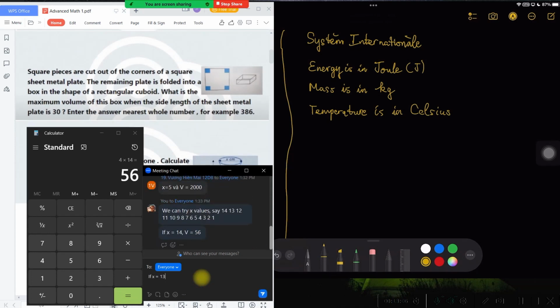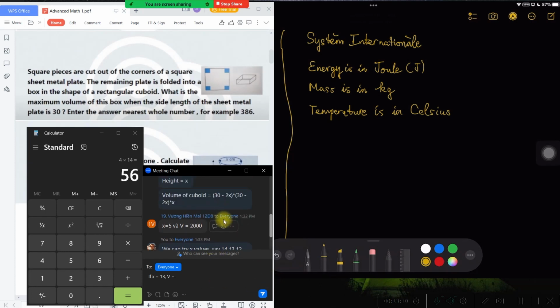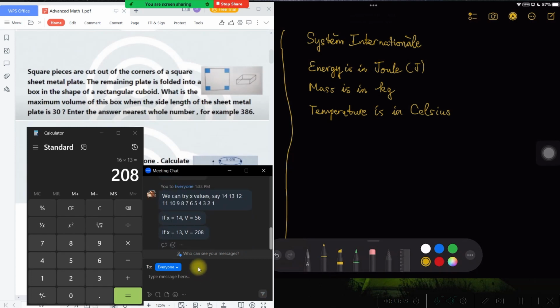And if x is 13, V equals, have to go down here again. 26, so 4 times 4 times 13, it's going to be 208. That's a lot, right?